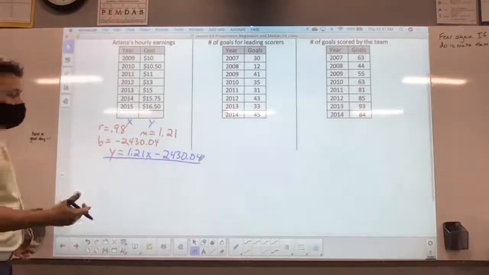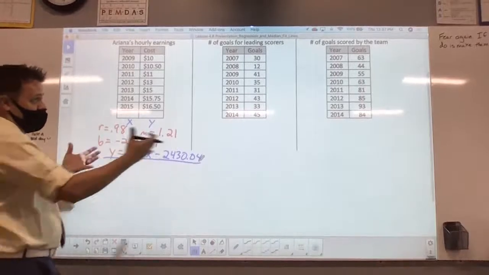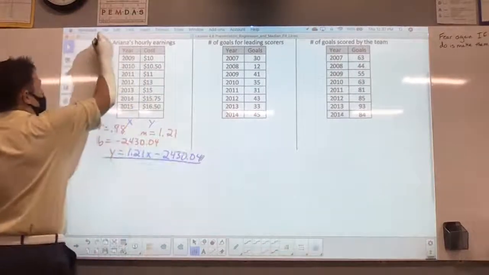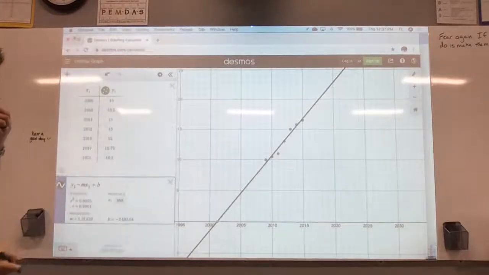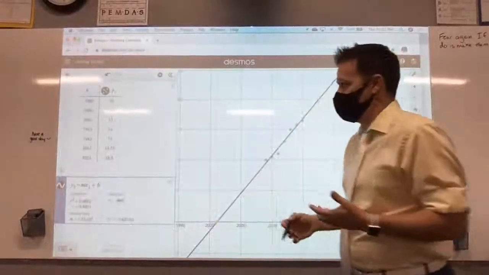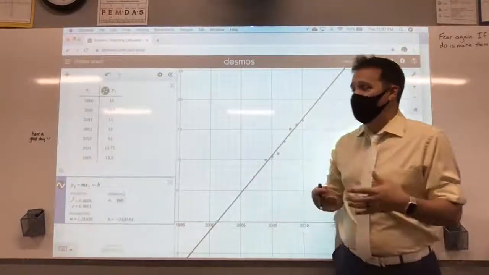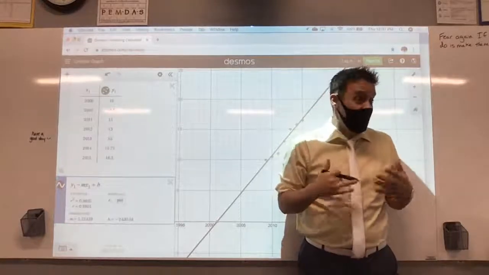So I want to show you one other thing, okay? What I want you to do is on the next one, you do the same thing. Now, a couple of different rules of thumb. I want you guys to graph all these out on your own. You've got to understand one real aspect of this. This is the first time you guys maybe have ever used Desmos like this, where you're typing in a formula.